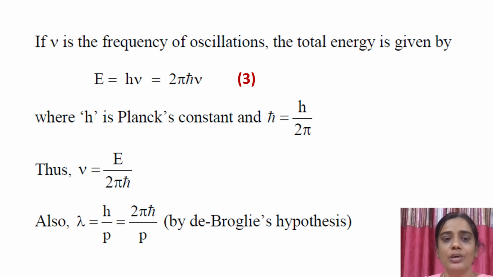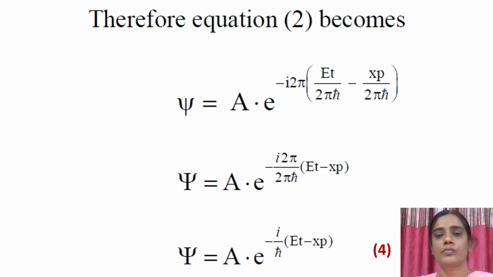Also, we know lambda according to the de Broglie hypothesis is h by p. Here h is written in terms of h cross, so lambda is 2 pi h cross by p. Now in equation 2, we are going to substitute the values of nu and lambda as we have derived their expressions in the previous slide.